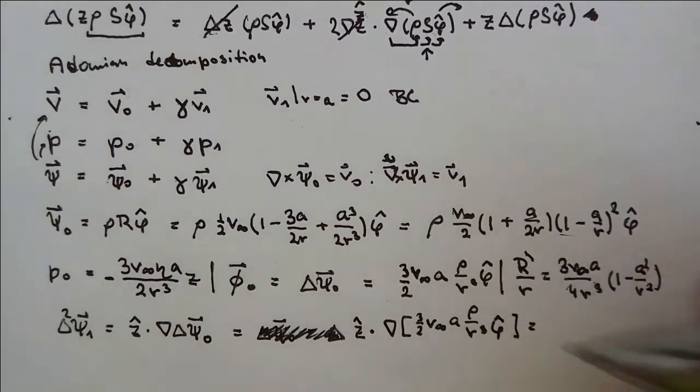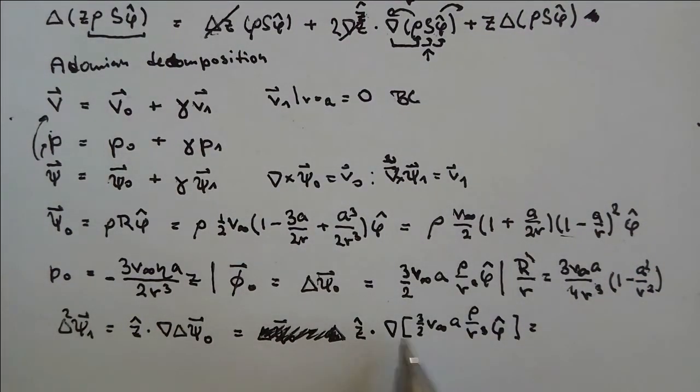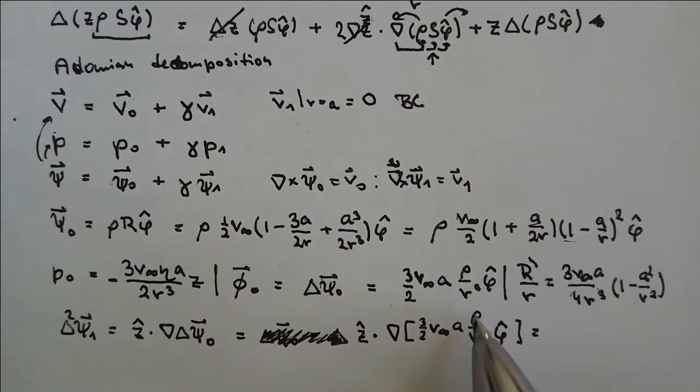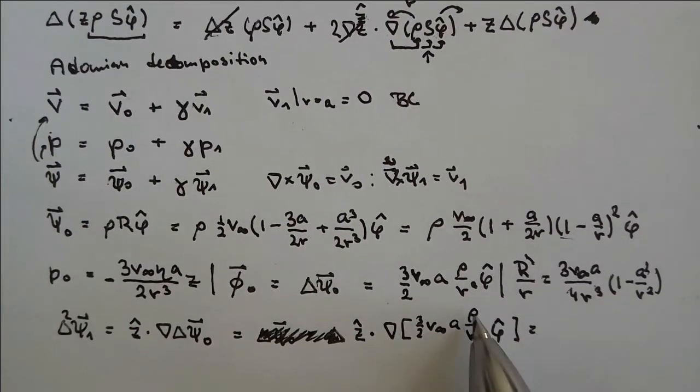and this is what? There's going to be a derivative with respect to rho, but it will cancel out with this dot product, and this also is 0 because it's proportional to phi.